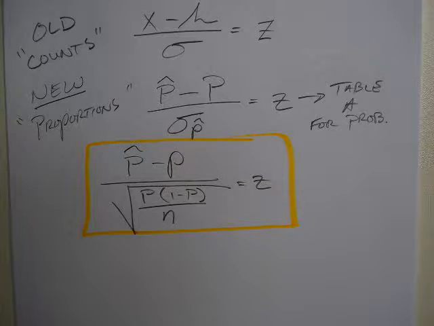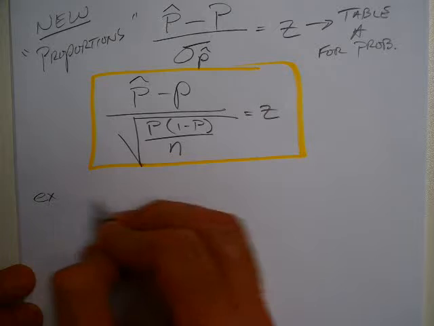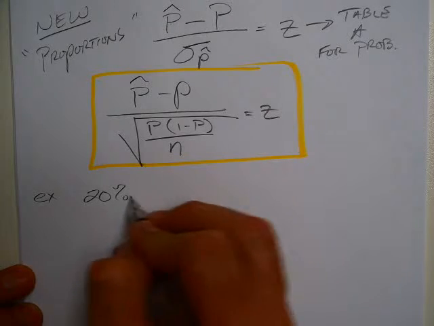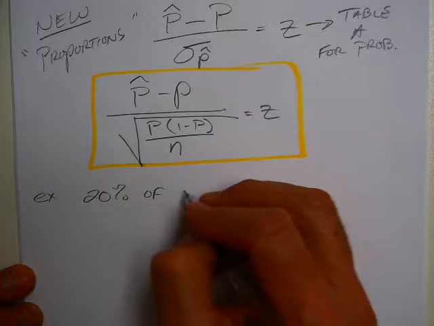Okay, so let's look at a problem. Let's say I claim that 20% of Idaho families hunt for their food.